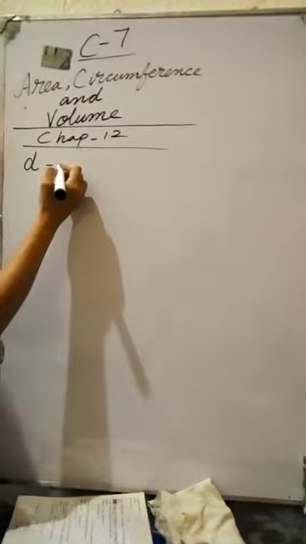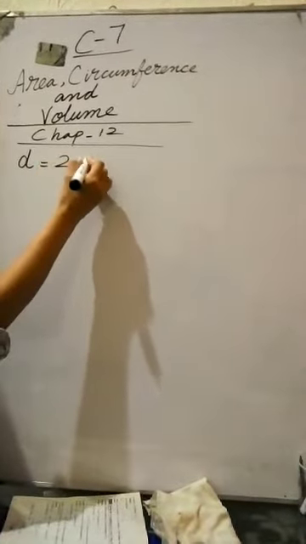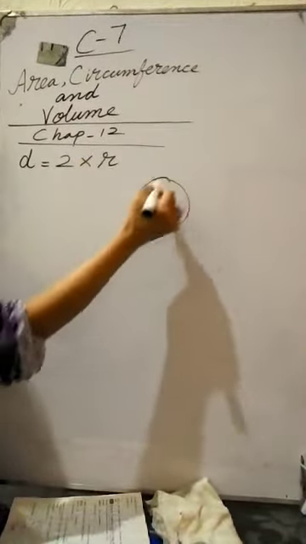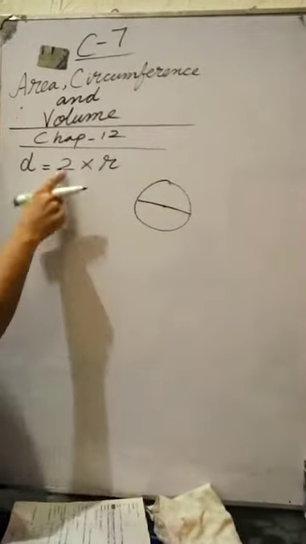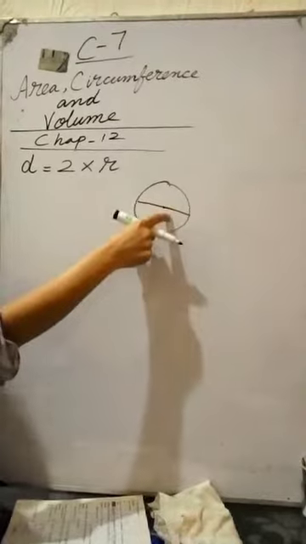Now I am solving the formulas. Diameter means double, touching both edges of the circle, so diameter is 2 multiplied by radius.